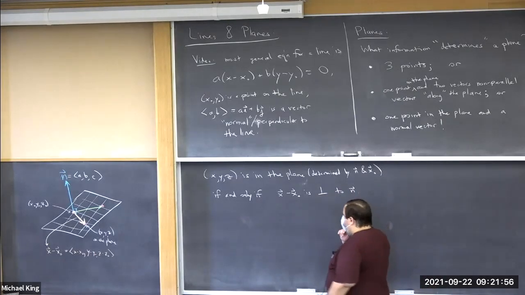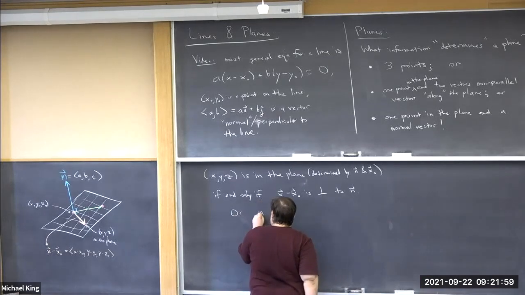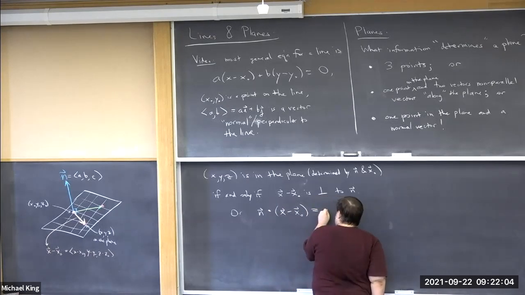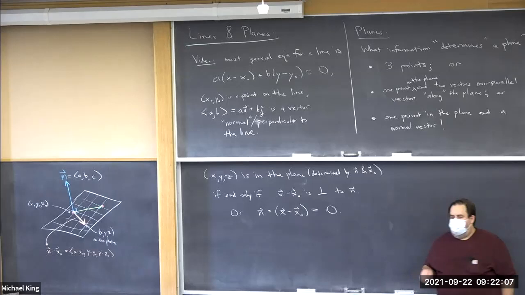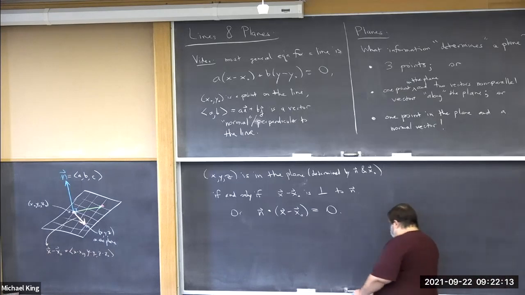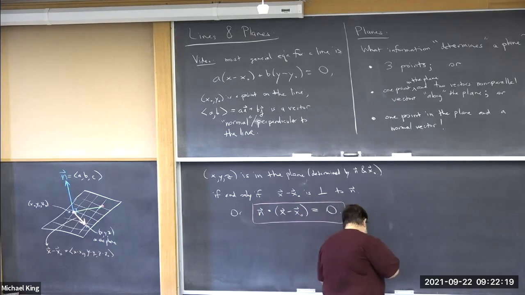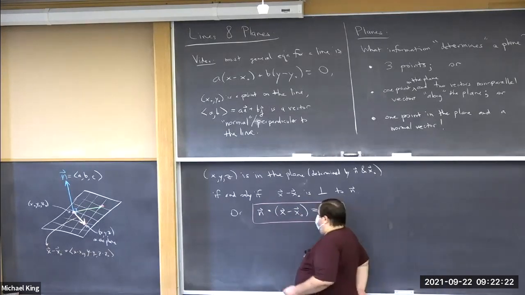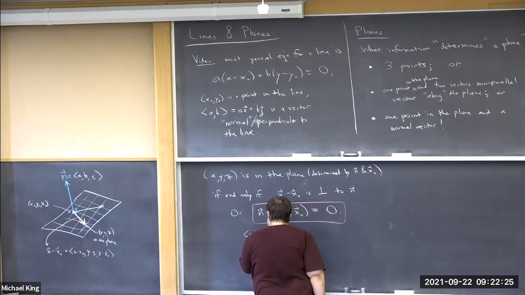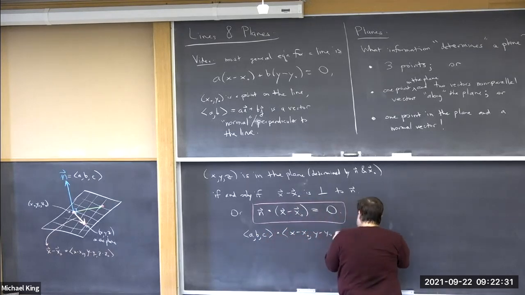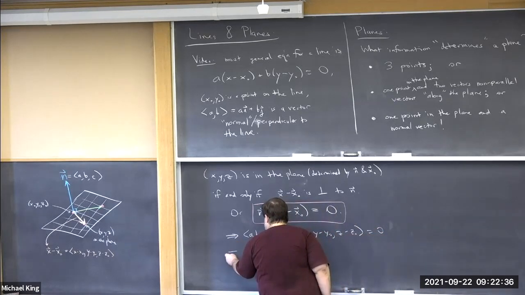Or you can write this as a vector equation with the dot product now, right? We know dot products are 0, that's how we determine perpendicularity. So this is the vector form. It's nice to be able to write down abstract things like this. But if we write this out, this is A, B, C dotted with x minus x naught, y minus y naught, z minus z naught, equals 0.